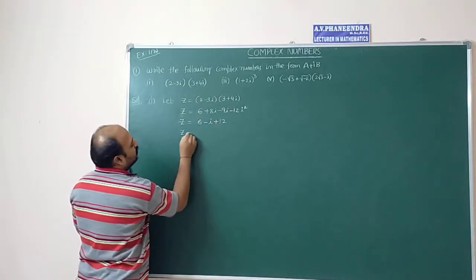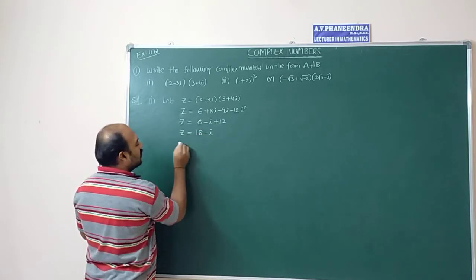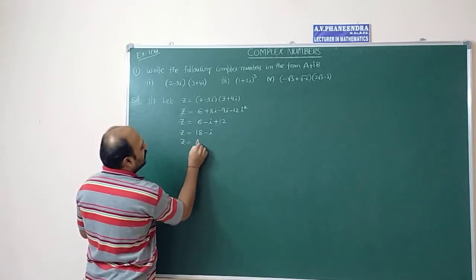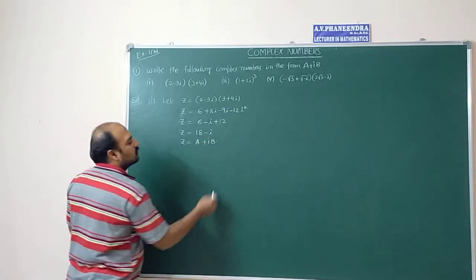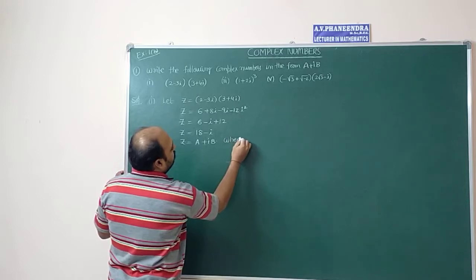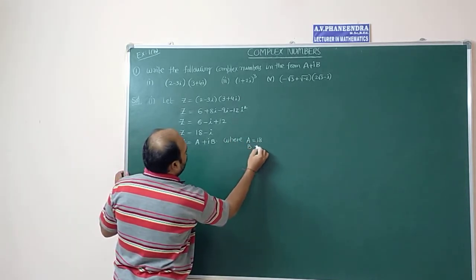Therefore z is equal to 18 minus i. This you have to compare with a plus ib, where a is equal to 18 and b is equal to minus 1.